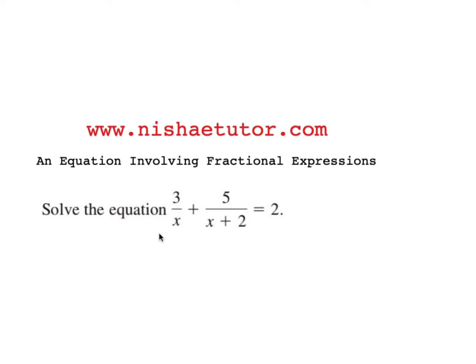So this is the equation 3 upon x plus 5 upon x plus 2 equal to 2, and here we have a fractional expression. So we have to remove the denominator, and for this we first have to find the least common denominator.